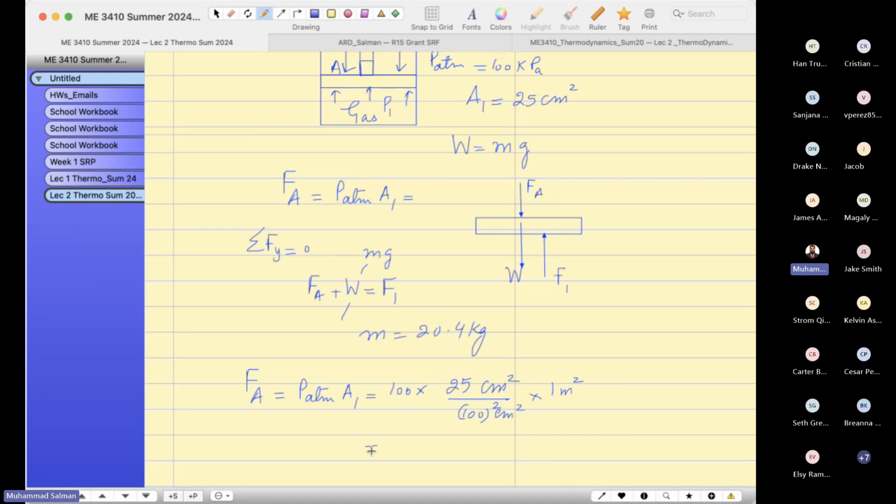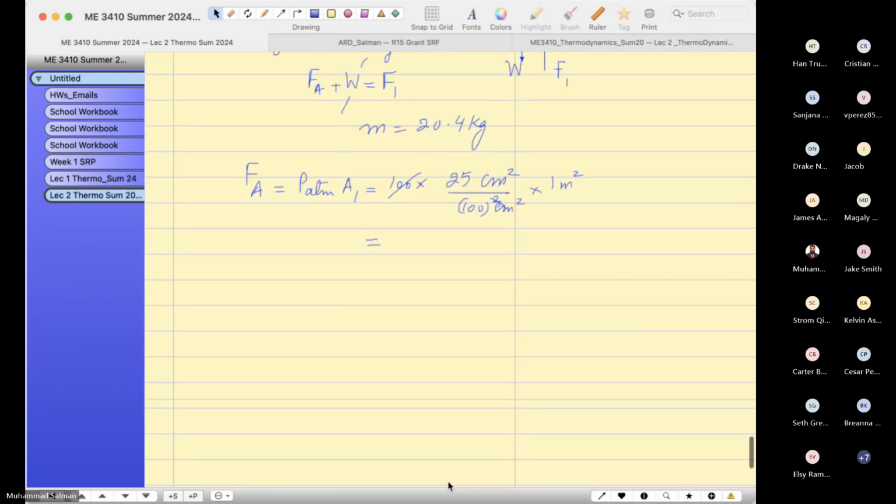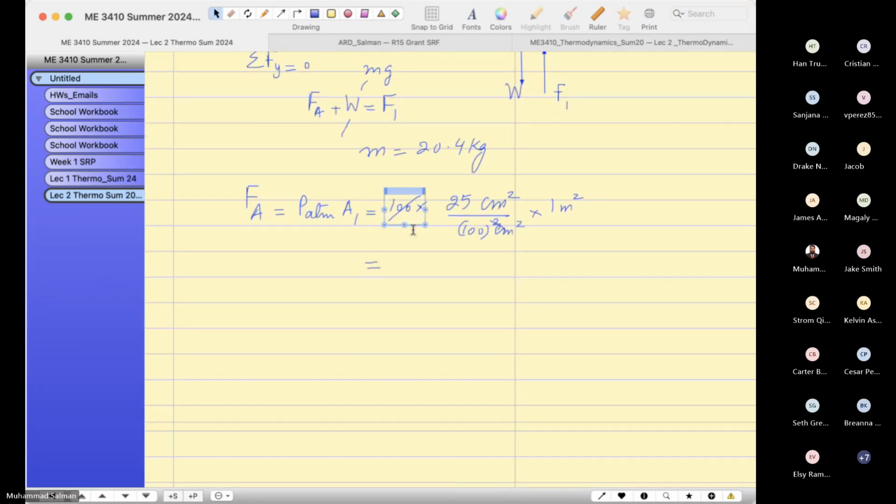So if we do the math here, I'm sorry, this is 0.25, correct?